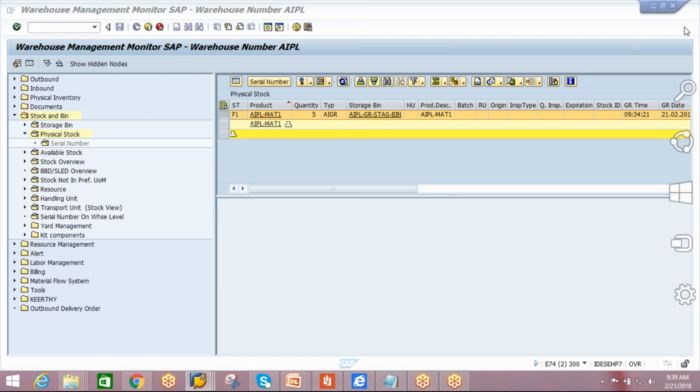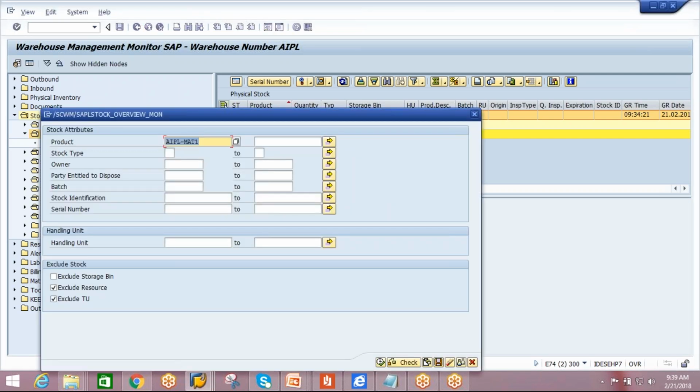Actually I connected from my home, my cookies are doing something there. Okay, now if we come to stock and bin, physical stock, I have given my product, this one.